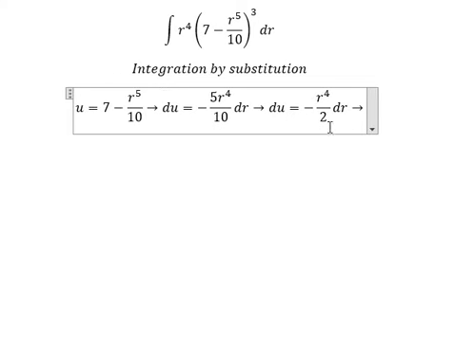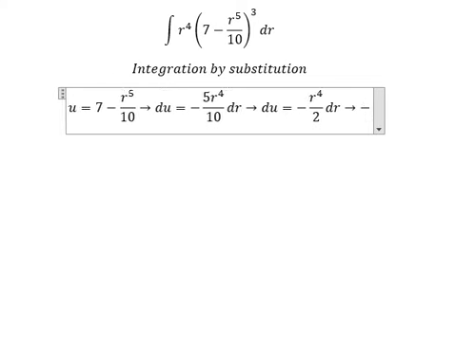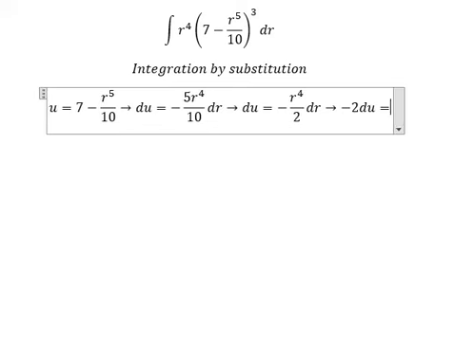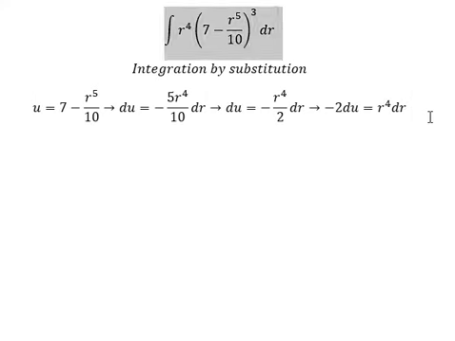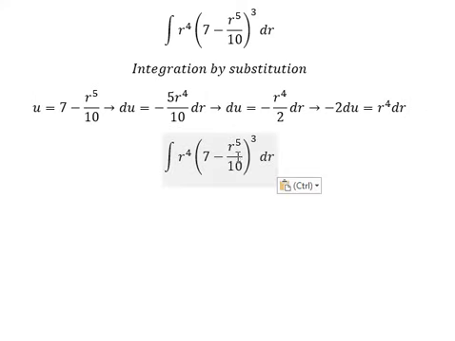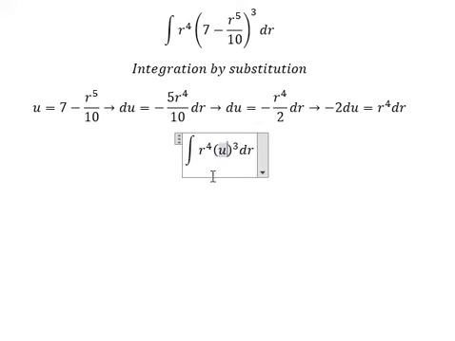Because we don't have negative number 2, so we put negative number 2 next to du. This one we change for u. r to the power of 4 dr, we change for negative number 2 du, sorry.